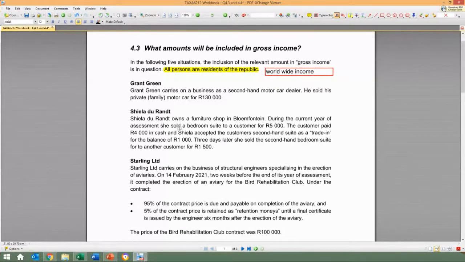Grant Green carries on a business as a second-hand motor car dealer, and he sold his private family motor car for R130,000. Now based on that information, what do you think? Do you think this would be included in gross income? And what would you potentially have to argue?